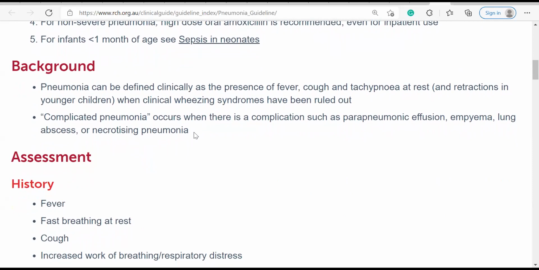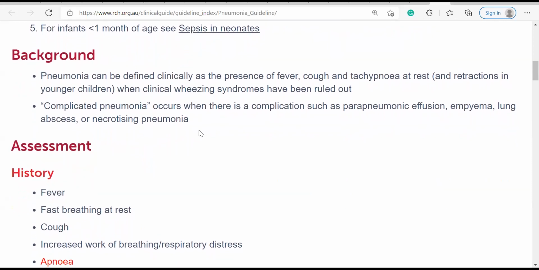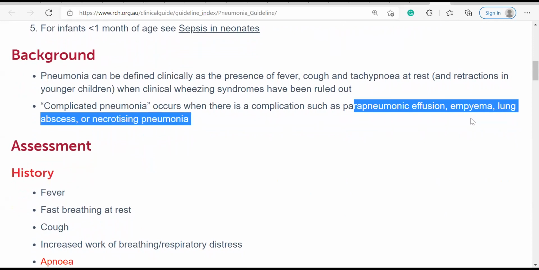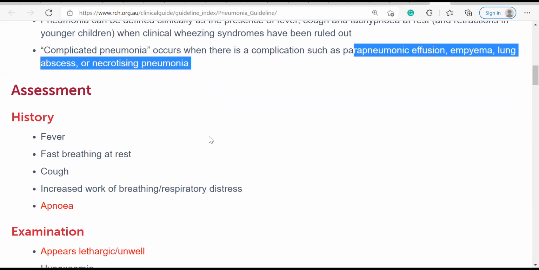How do we know it's pneumonia? Usually the child will present with fever, cough, and shortness of breath. We call it complicated pneumonia when the patient develops parapneumonic effusion, empyema or lung abscess. These are called complicated forms of pneumonia.